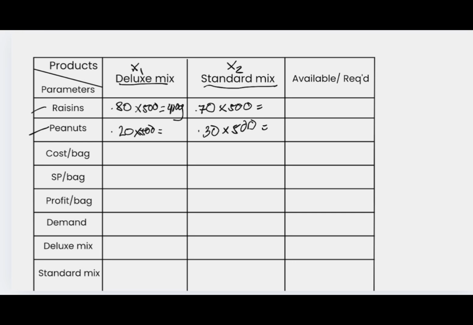That's why I also say, always be consistent on your unit. If you choose kilograms, everything should be kilograms. If grams, then everything should be grams. You can't have kilograms and then grams. For today, we're going to use grams. So, 400 grams, and 0.20 times 500 is 100 grams.